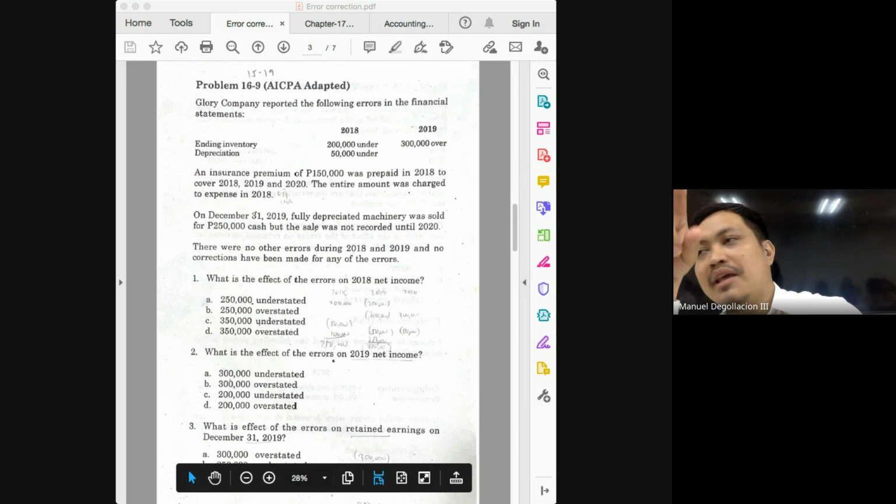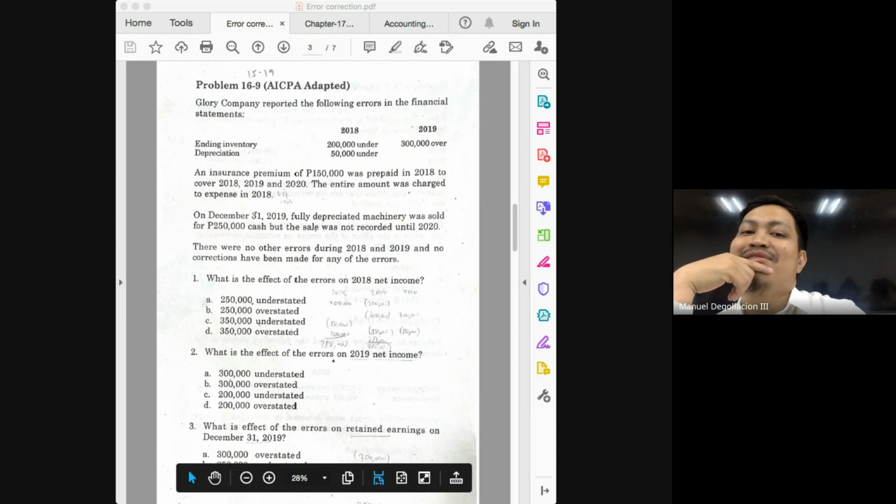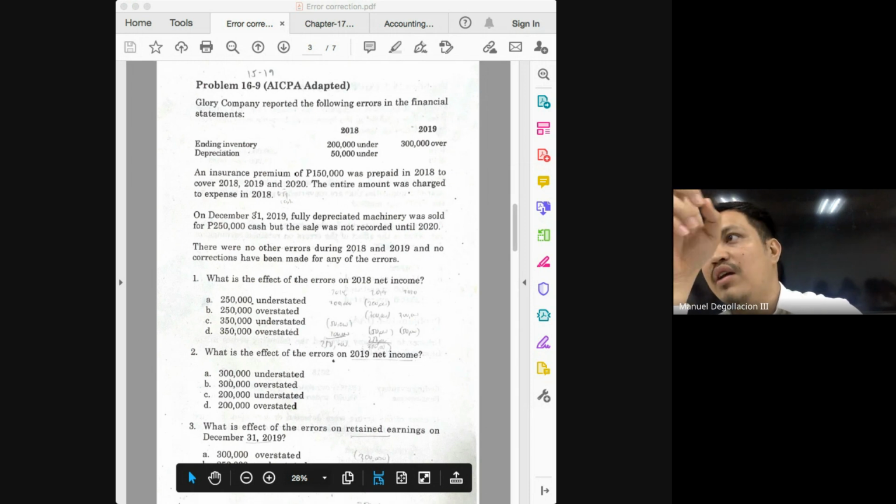Here, class, if you look at the table, it appears that there is only one adjustment for your 2019 net income. And that is what students who did not practice would think. But again, I want you to always remember, class, the ending inventory in 2018, the ending inventory in the previous year, will serve as the beginning inventory in 2019.